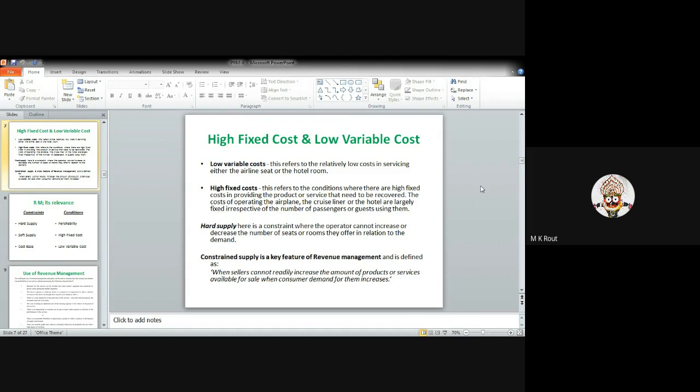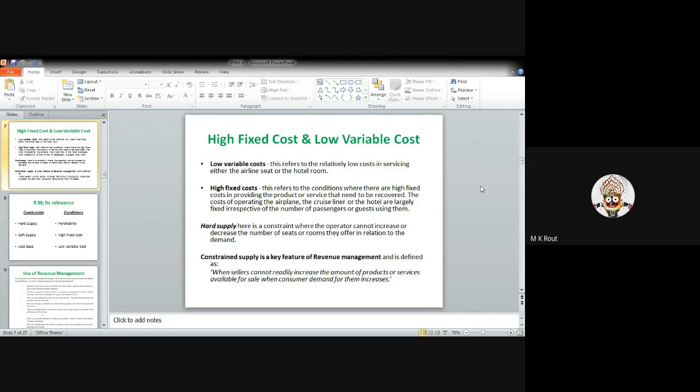High fixed cost refers to conditions where high fixed cost is incurred in providing a product or service, which is not recovered. The cost of operating airlines, cruise lines and hotels is largely fixed, irrespective of the number of passengers or guests using them.